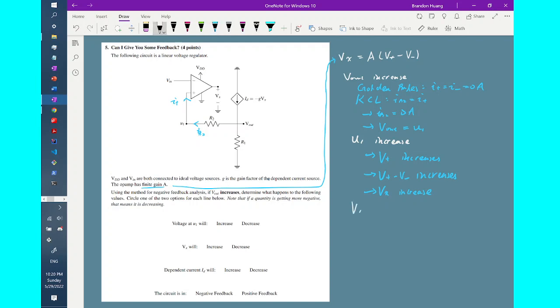So we know that Vx increases. Meanwhile, the voltage-controlled current source ID is equal to negative GVx, and Vx is increasing, which means ID is decreasing because it's getting more negative, and G is a positive value.